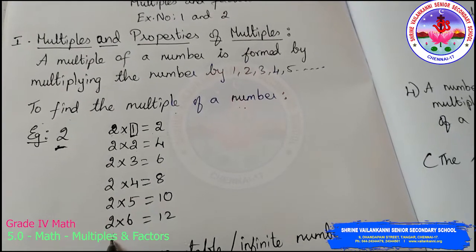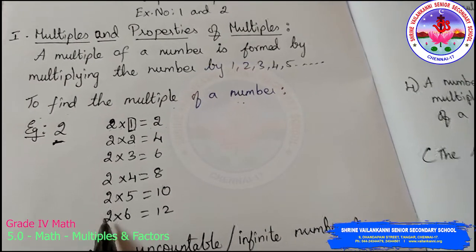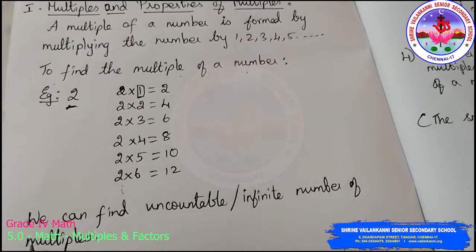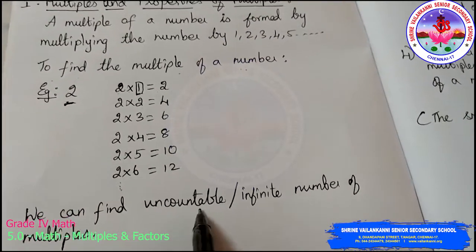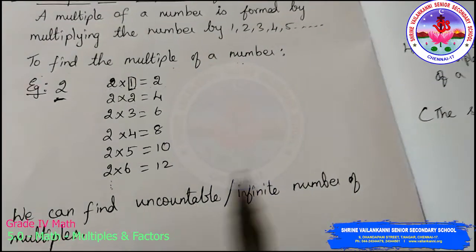Like this we can continuously find any number of multiples for the number 2. That is why I have written that we can find uncountable or infinite multiples. So this is what a multiple is.